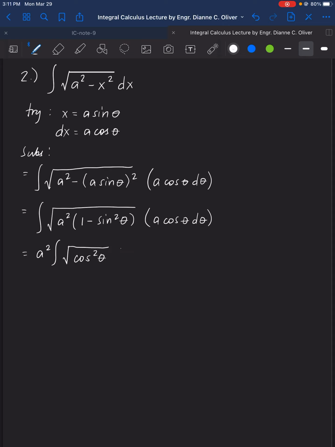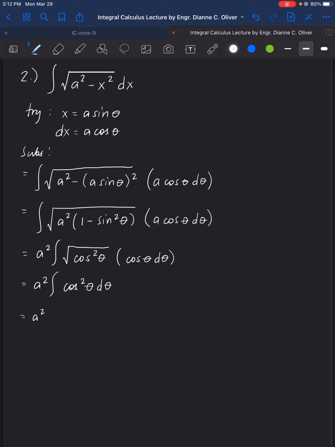Then we have here cosine theta d theta. So that is equal to a squared. What is the square root of cosine squared theta? That is cosine theta. What is cosine theta multiplied with cosine theta? That is cosine squared theta d theta.